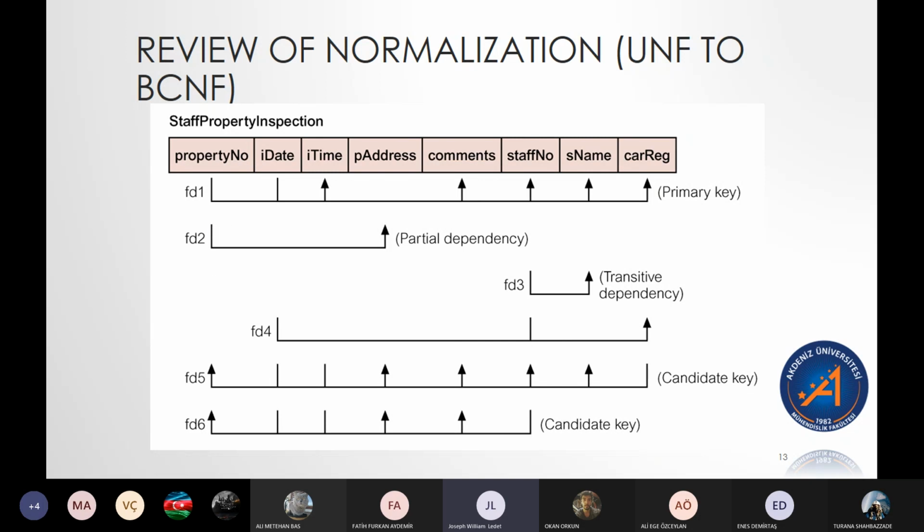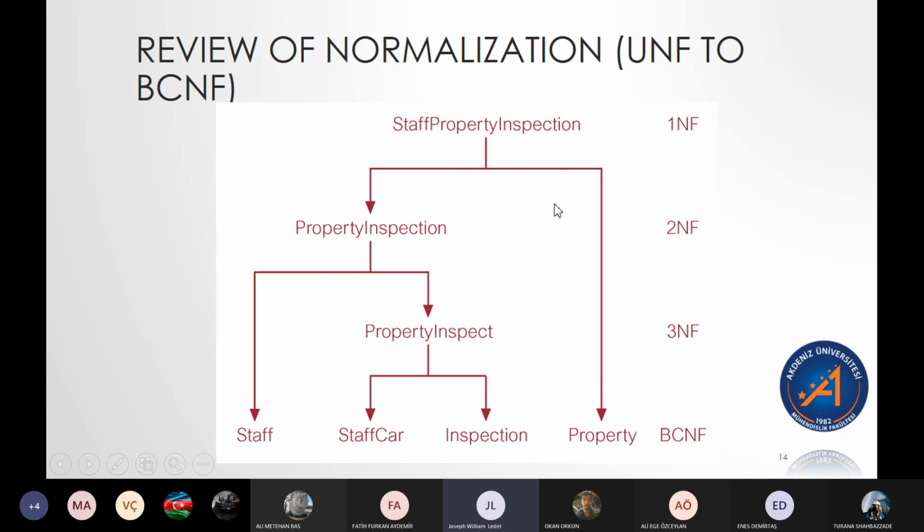And so what we'll do in order to resolve this is create a staff car, which is the combination of the staff person using a car, and an inspection table that represents when they went out with that car to perform that inspection.